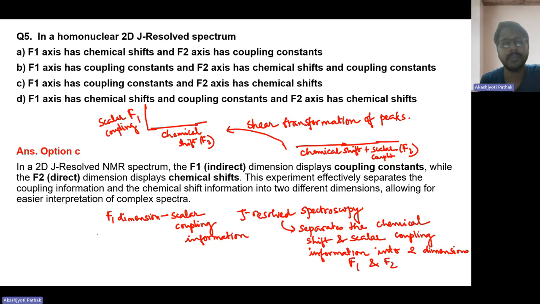So the Fourier transform of T1 will give you the F1 dimension frequency, and the F2 dimension, following the shear transformation of the peaks, will give us the chemical shift information. So what you see, the two pieces of information are again separated in two different dimensions, F1 and F2.